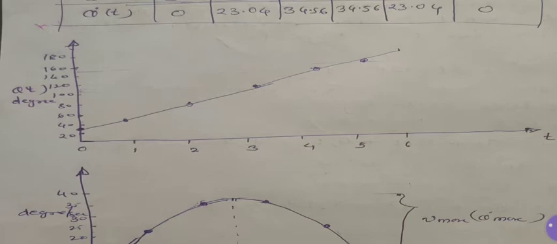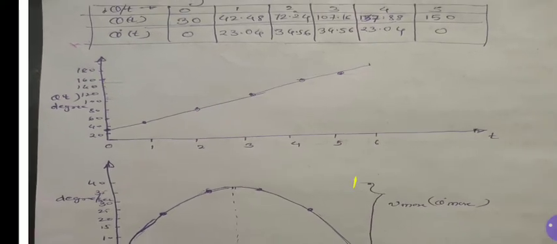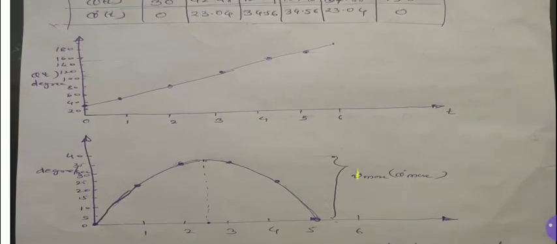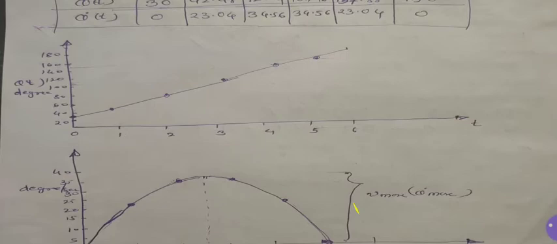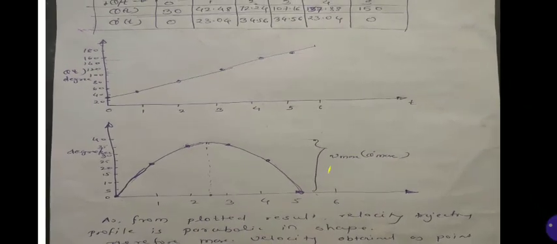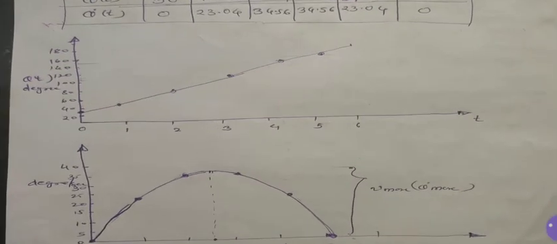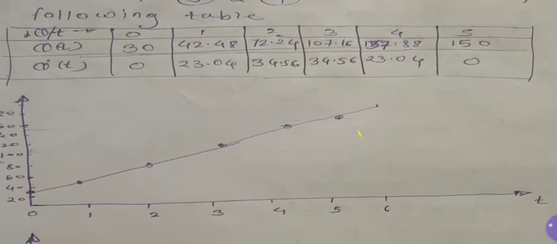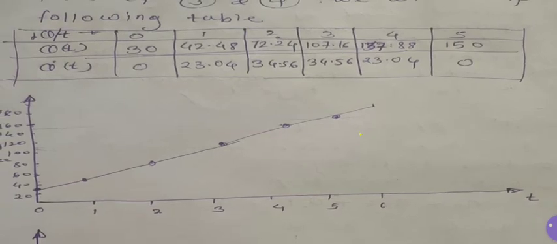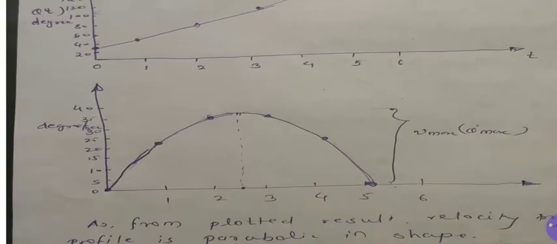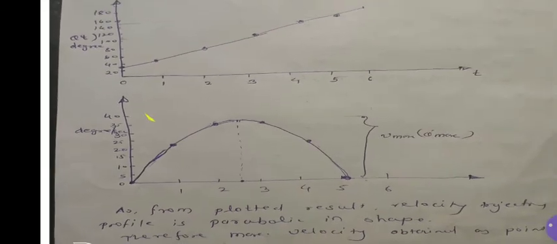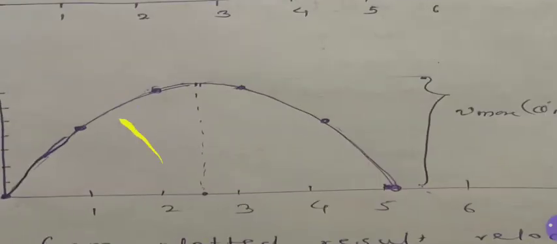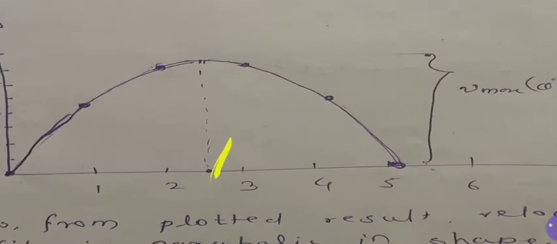This trajectory starts from some initial value of the theta angle, that is 30 degree. Now when I plot the values of velocity, at time equal to 2 and time equal to 3, the values are the same. So I am getting a parabolic curve, and through this I can say that at this point is the Vmax, the maximum velocity.